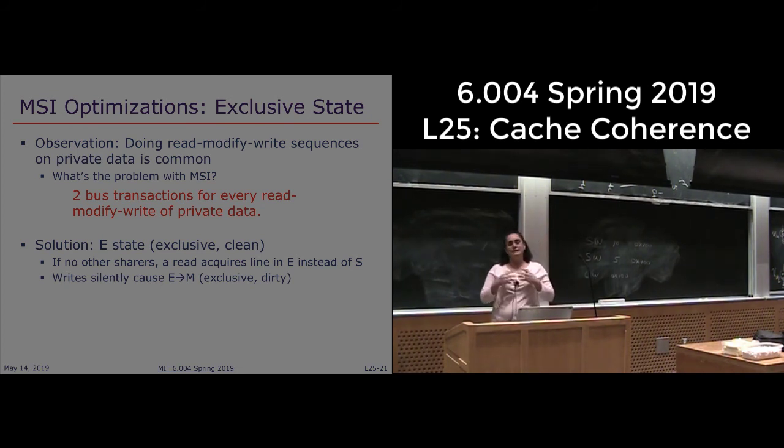And so now we have an E state in addition to the MSI states. The only difference with this protocol is that the E state stands for exclusive, okay? So this means that if I'm in the exclusive state, then I'm guaranteed that nobody else is trying to even read this value, okay?